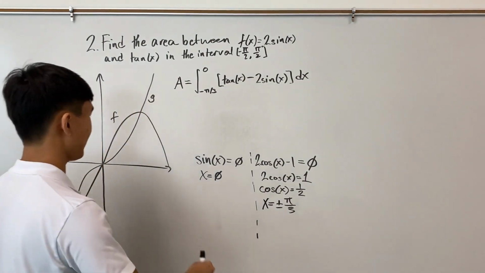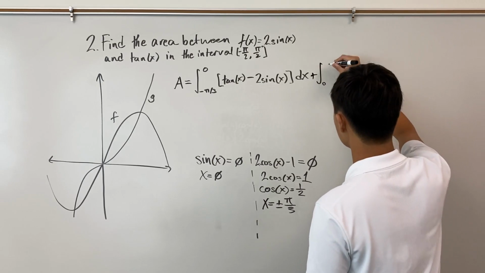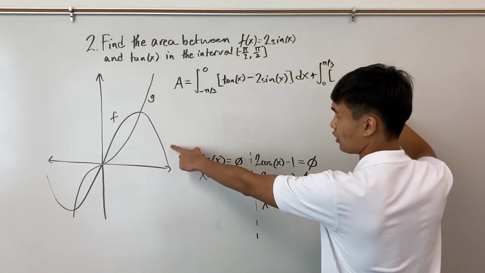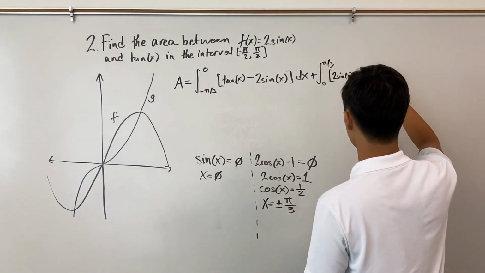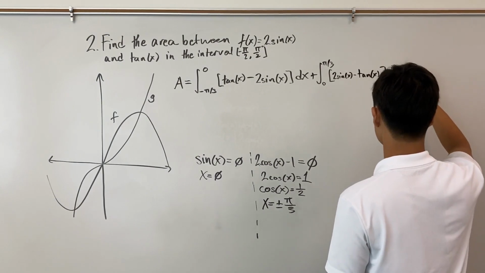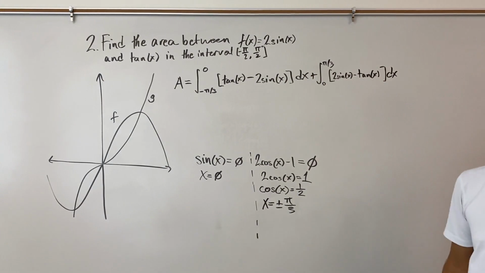From here, we're going to add this area, which is the integral from 0 to positive pi over 3 of top curve, which is now 2 sine of x, minus bottom curve, which is tangent x, dx. So this is the whole expression for the area between the two curves.